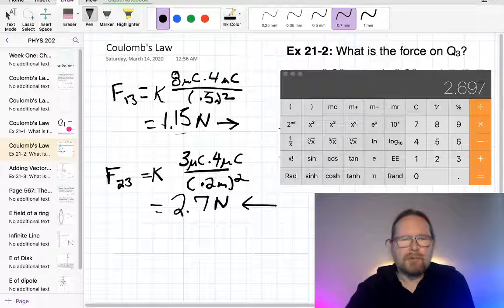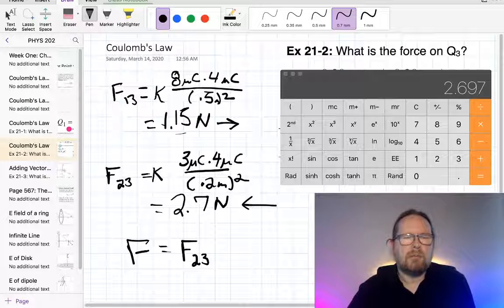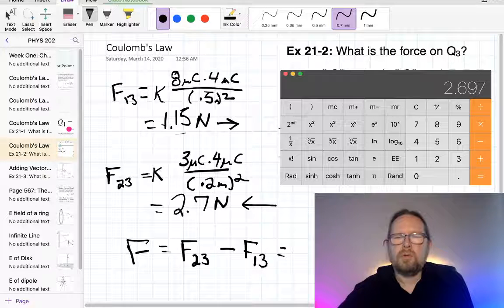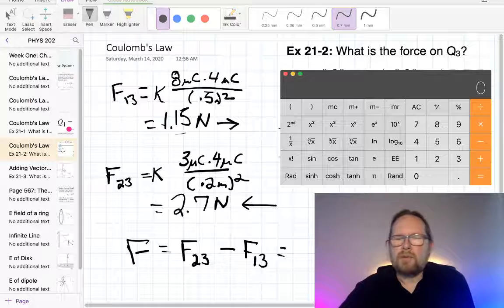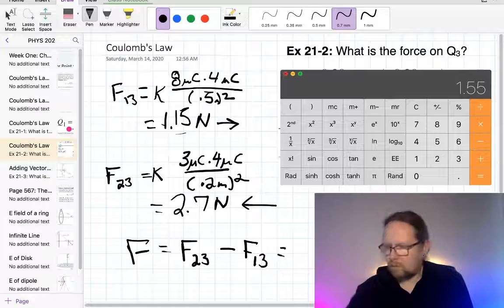So the net force is equal to F23 minus F13, which is equal to 2.7 minus 1.15, which is equal to 1.55 newtons.